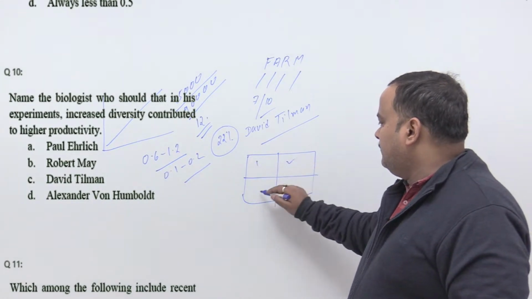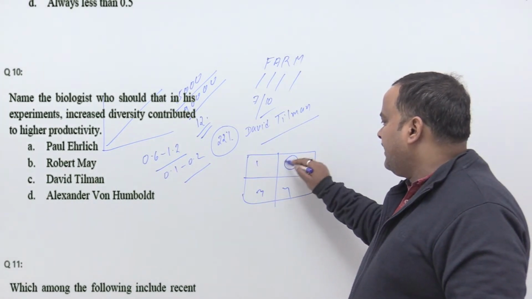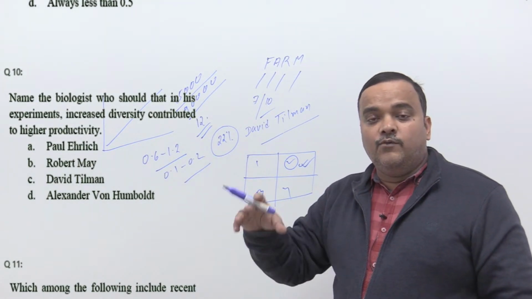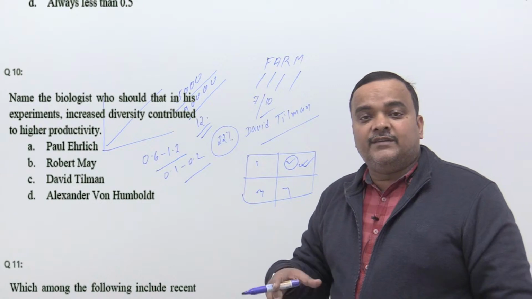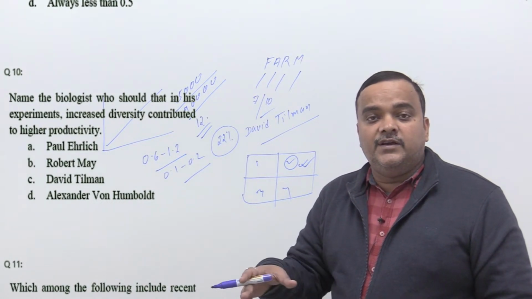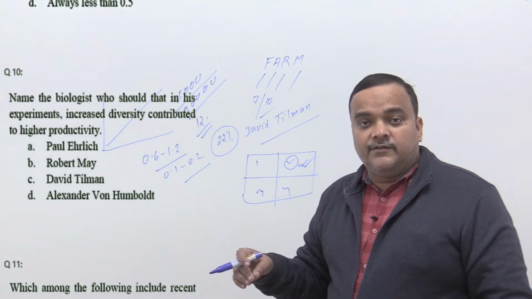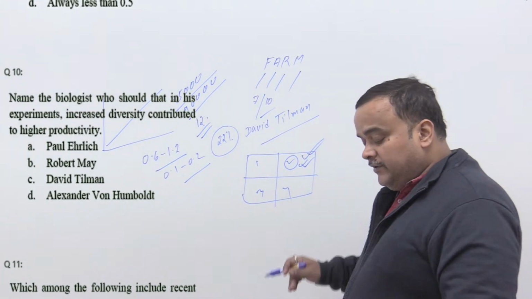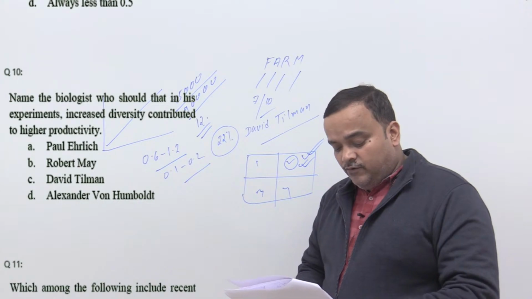Suppose this is 1, this is 2, this is 3, this is 4. Now this second quadrat has more species. He observed that this quadrat has more productivity and shows less variation in productivity year to year. This is one of the reasons for the stability of an ecosystem. So this was established by David Tilman through his outdoor plot studies.